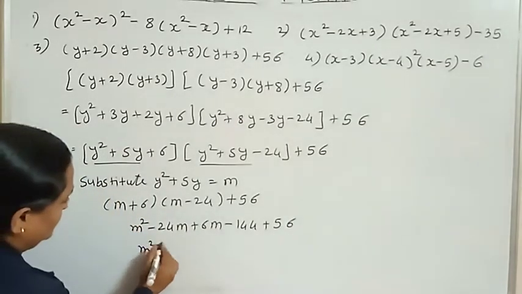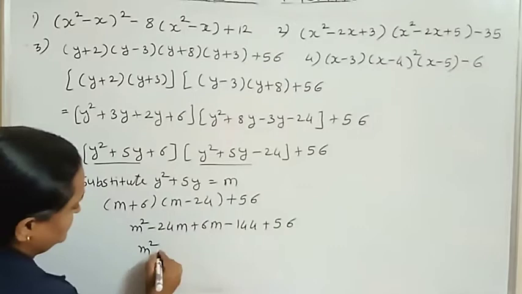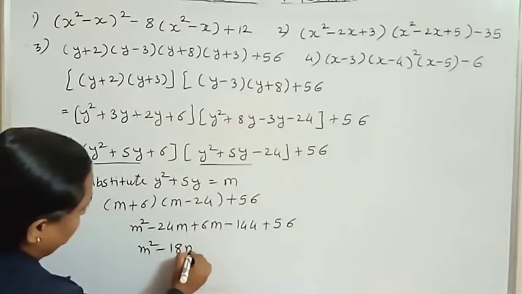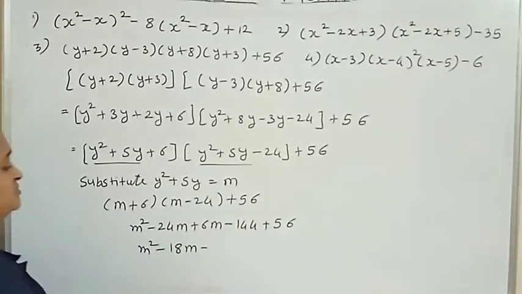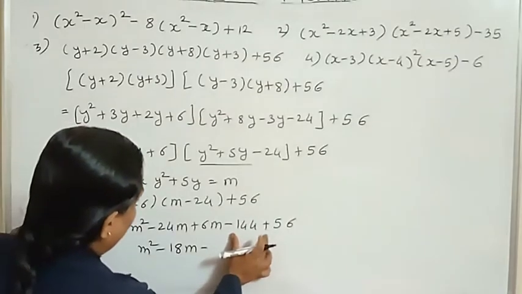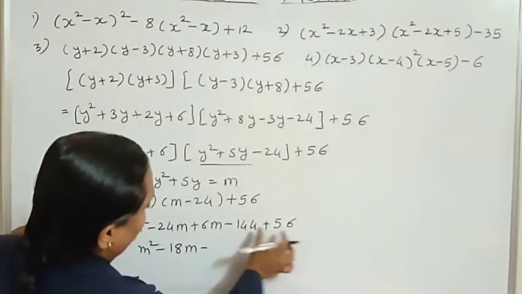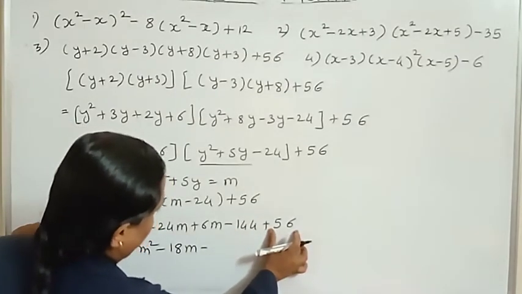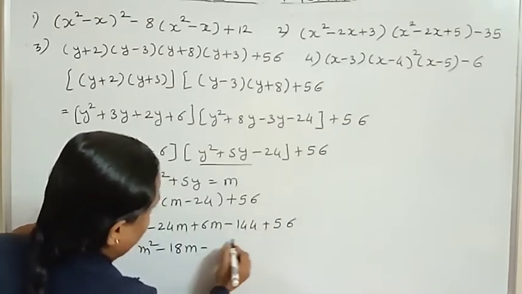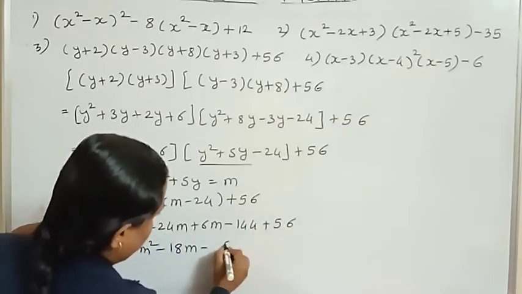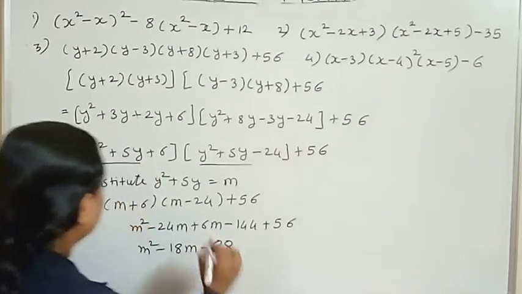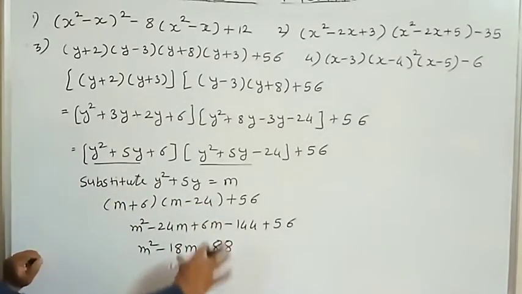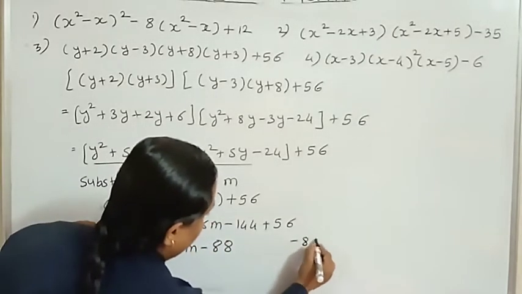Then m square, minus 24m plus 6m, minus 18m, minus 144 plus 56, then that answer will be 88. The answer will be 88. Now we have to find factors.